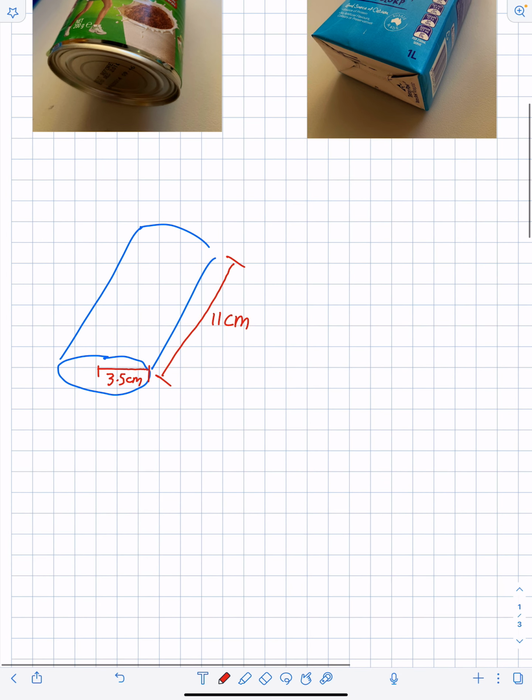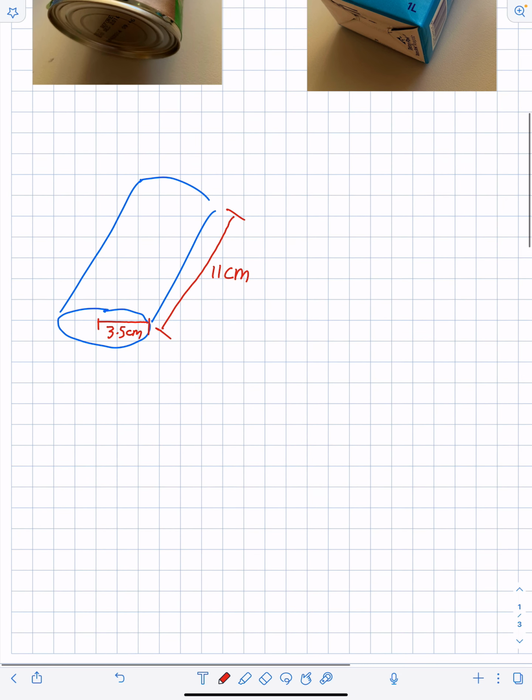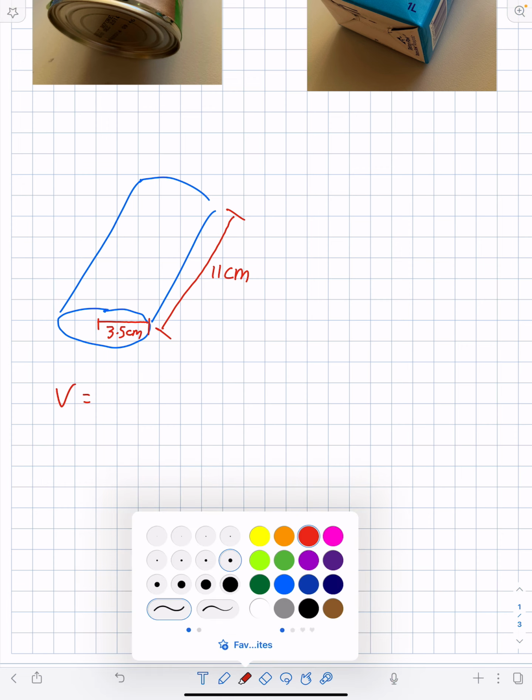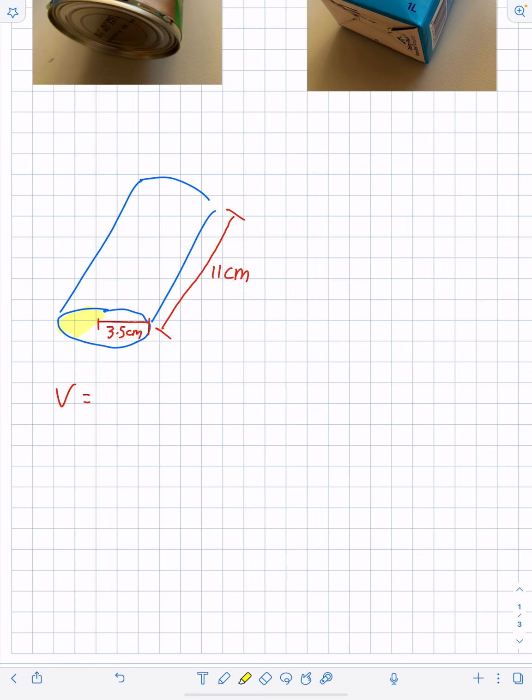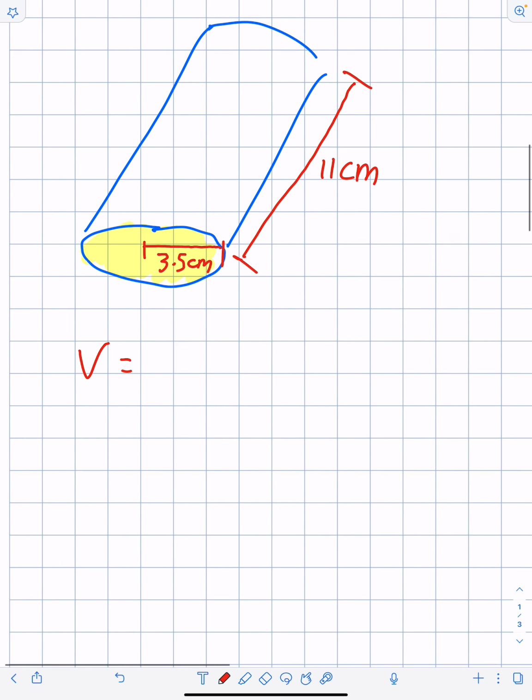Okay, now let's find out the formula for the volume of a cylinder. So it's the area of the base, so I'll colour that in yellow. So we need to find the area of the base. So it's going to be pi r squared.